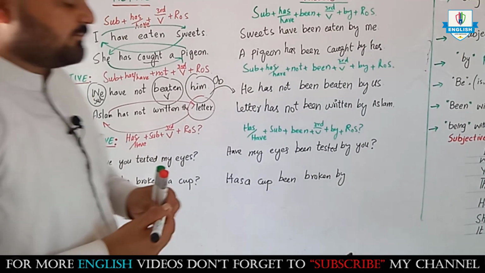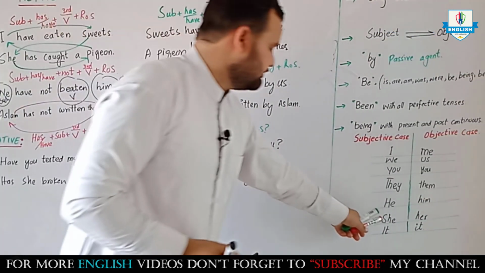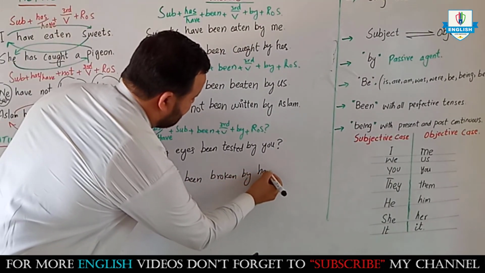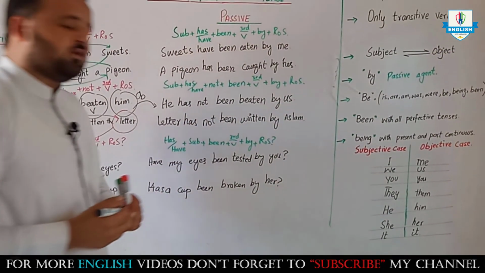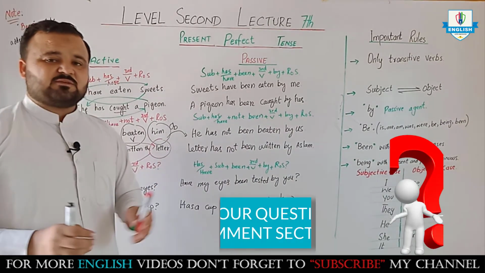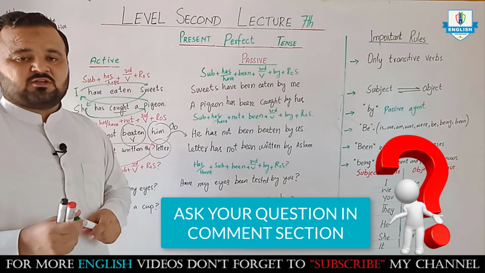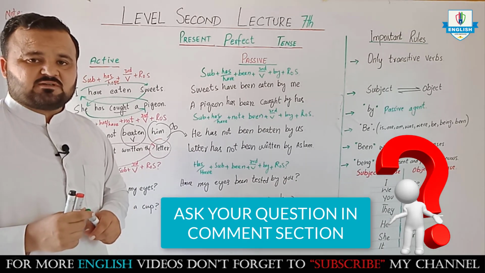She will change, the objective case of she is her. Broken by her. Got it? If you have any question regarding present perfect tense, you can ask in comment section.